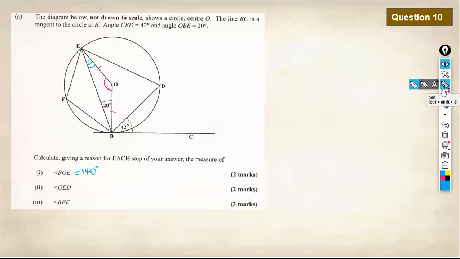Great. Now, when you're writing your answer, right? To be honest, you can write it like this in the exam, right? You have to put some statements. You could say angle BOE. You can write it like this or put a little hat here. You could just say it's 180 minus 20 plus 20. But write a little statement for the examiner.